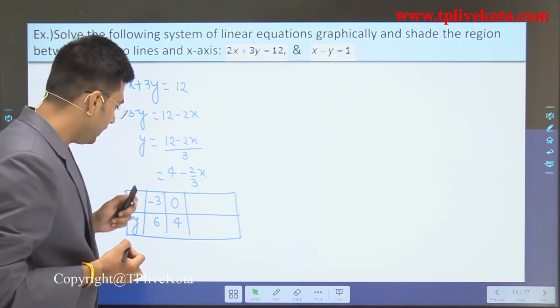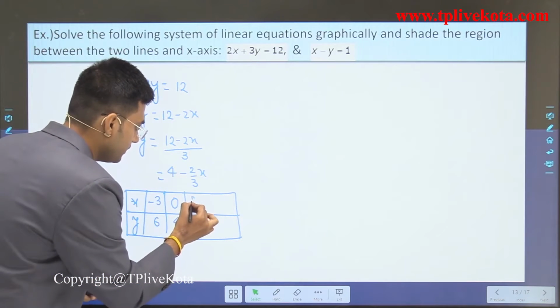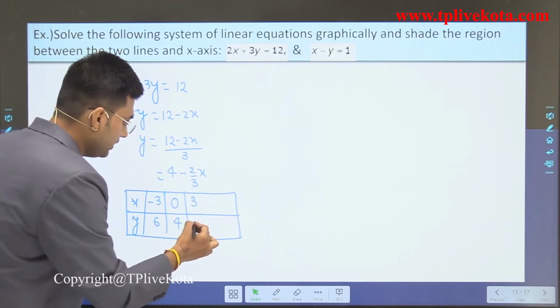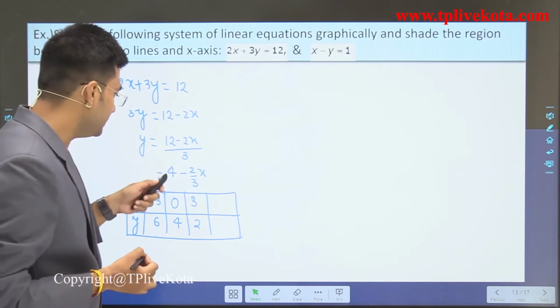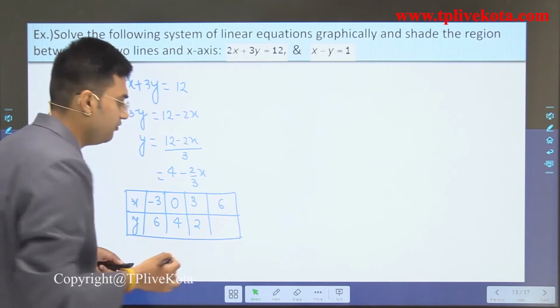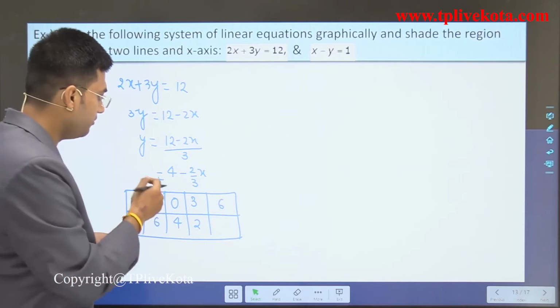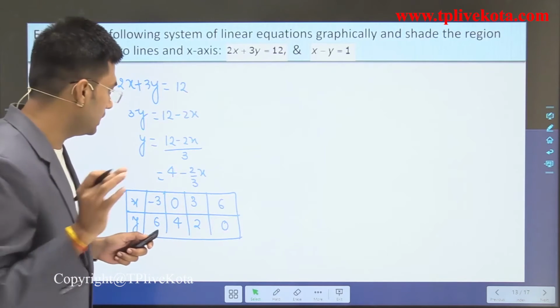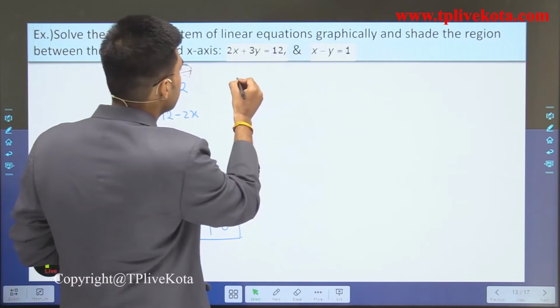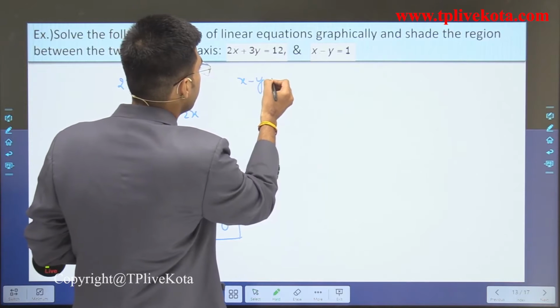If we put x is equal to 3, then y is equal to 2. If we put x is equal to 6, then y is equal to 0. Clear?